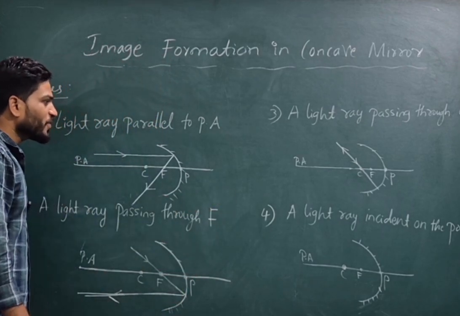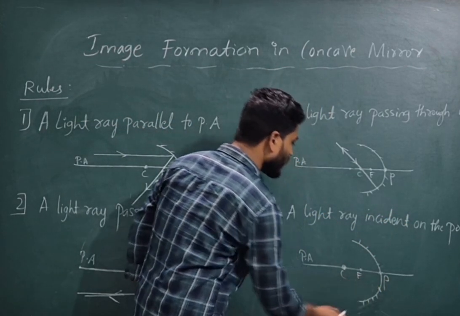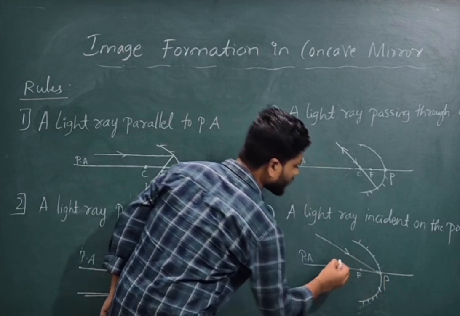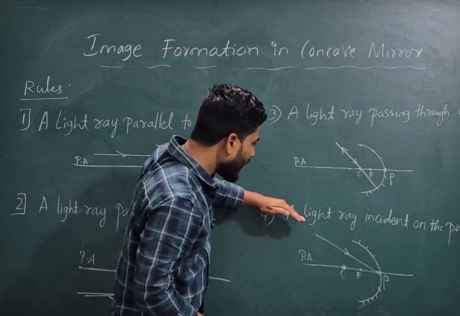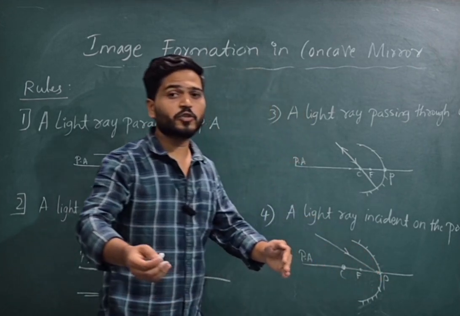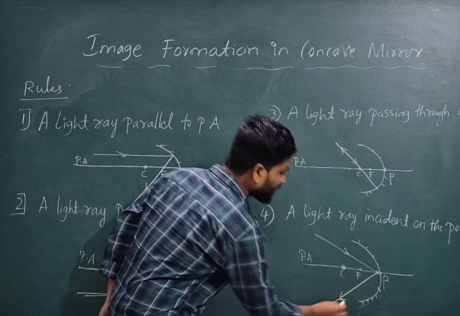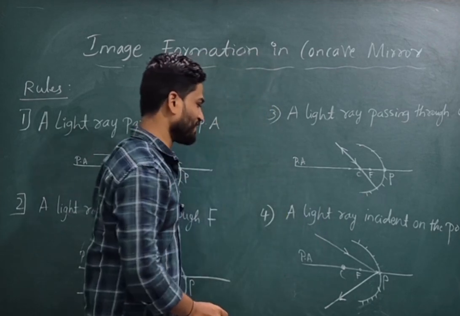Fourth rule is what, all of you? A light ray incident on the pole. Where is the pole? This is the pole. Take a light ray and let it be incident on the pole. Obviously it is going to reflect back, right, all of you? But how? By following the laws of reflection.